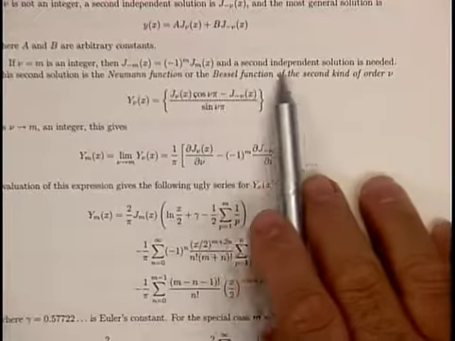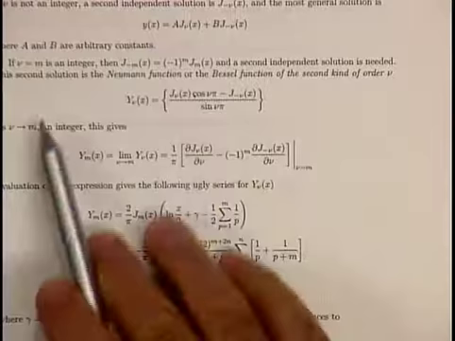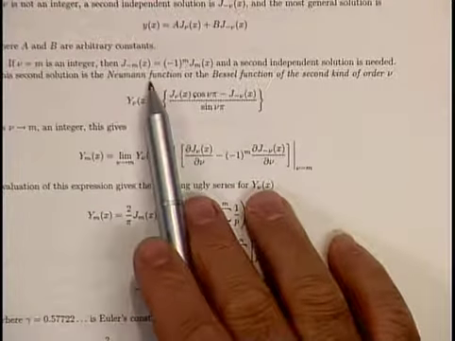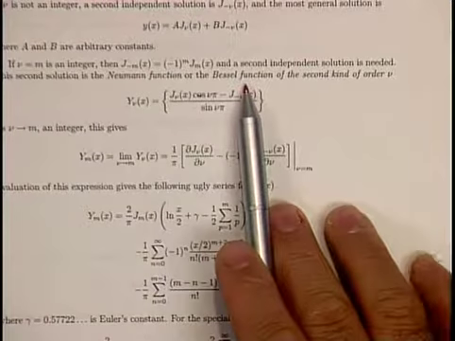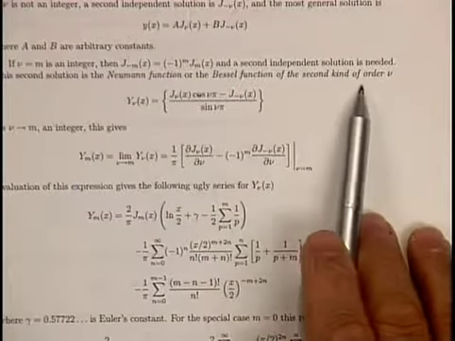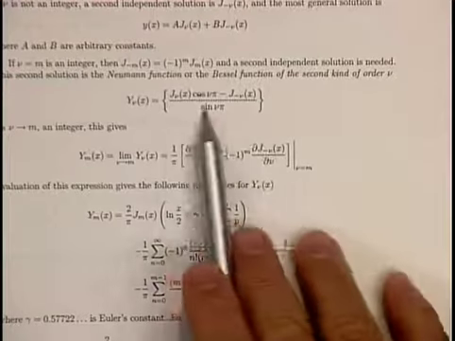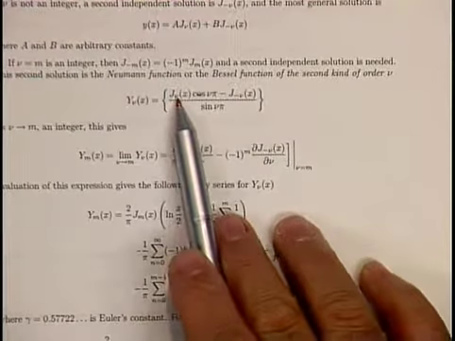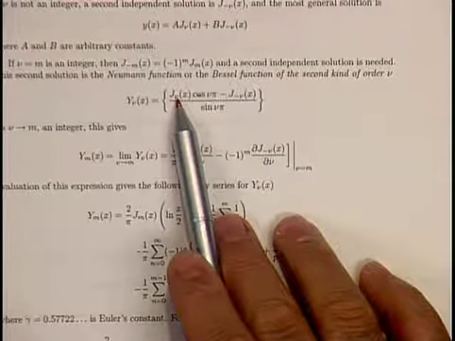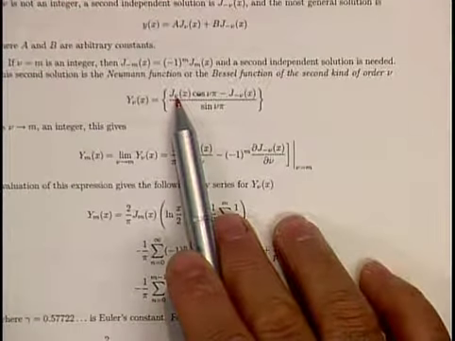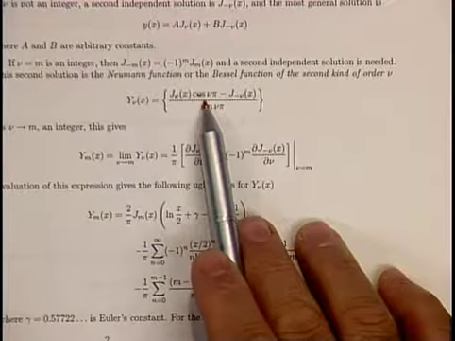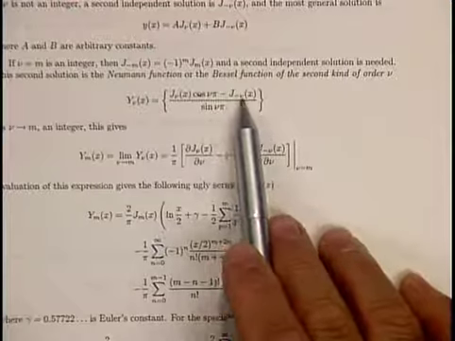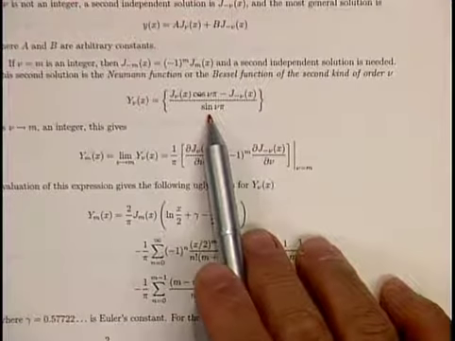So a second independent solution is needed, and it is given by what we call the Neumann function, or the Bessel function of the second kind of order nu. It is given by this functional form here, which involves the Bessel function of the first kind multiplied by some cosine function, subtracted with J minus nu and divided by sine of nu pi.